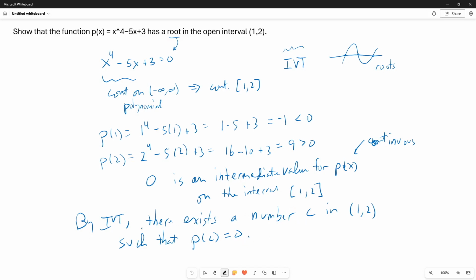And that's the same as saying the equation p of x equals 0, the equation we're given here, has a solution in the interval required, in the open interval from 1 to 2.